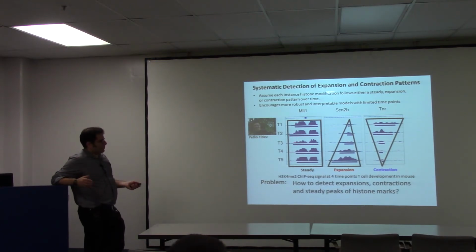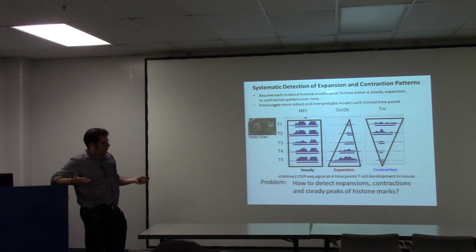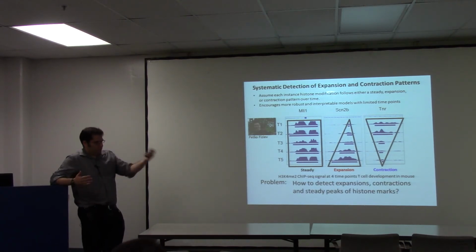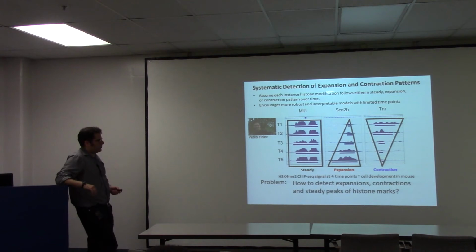The reason we were focusing on these 3 specific patterns is, one, they seemed to be important classes of patterns that are interpretable, and then also, with the limited number of time points and some of the noise associated with them, if we allow a lot of flexibility in what types of patterns we're trying to detect, it can be much easier to overfit some noise. So it encourages more robust patterns that we're detecting.